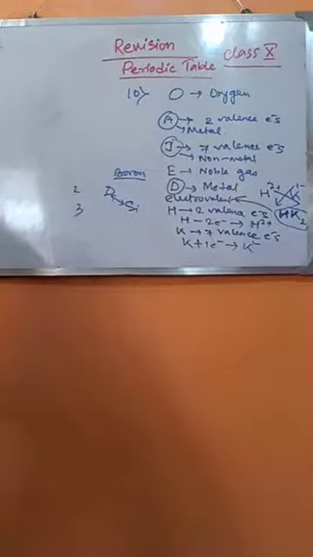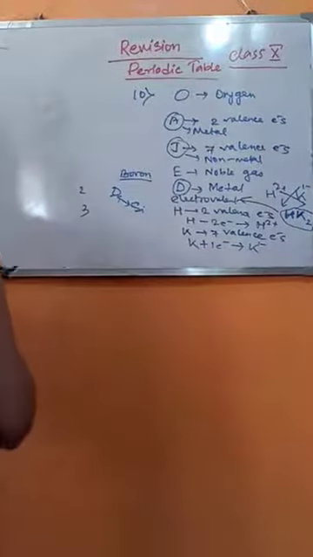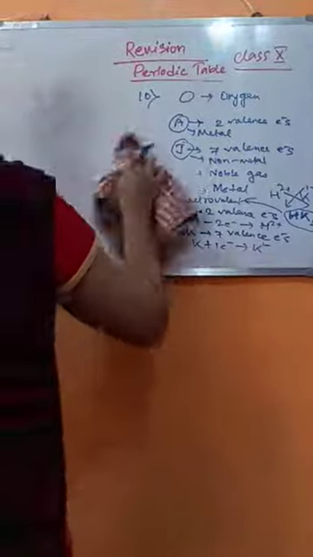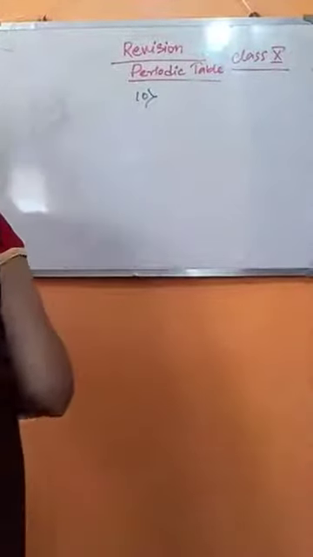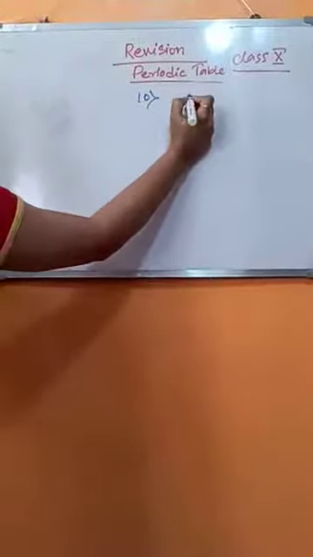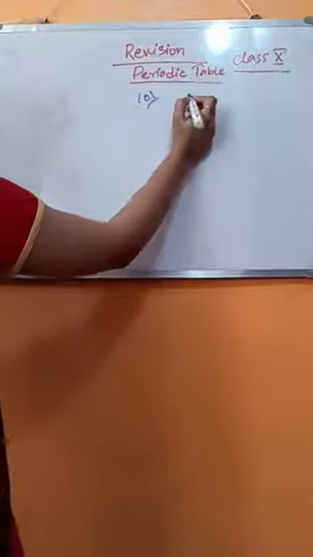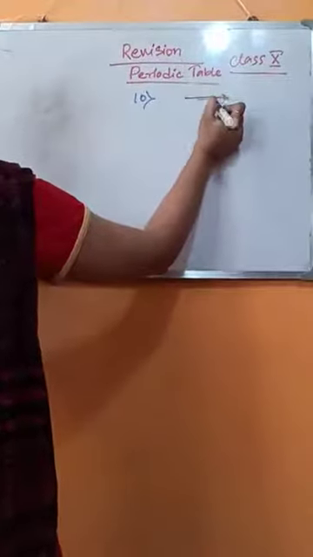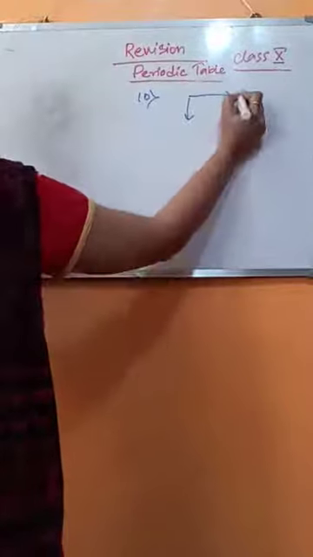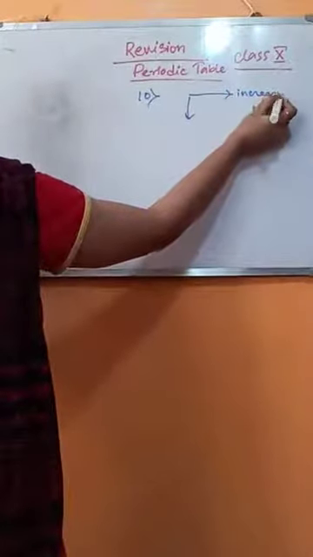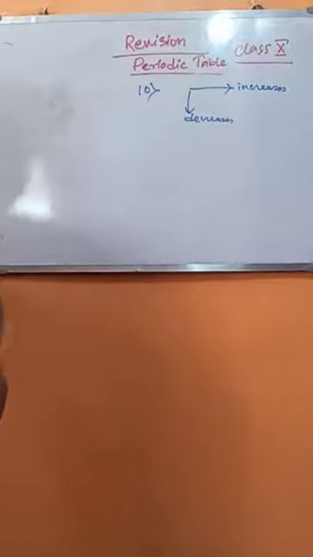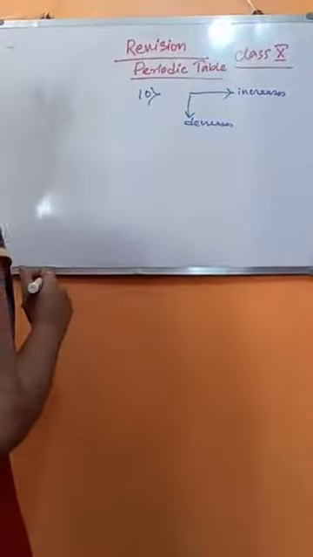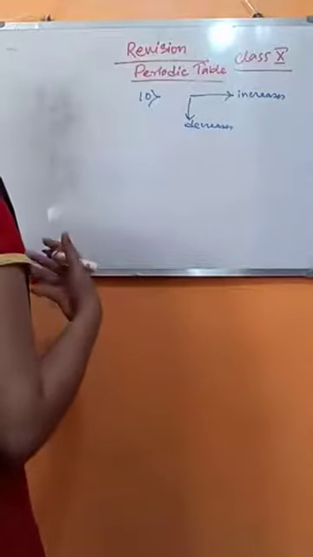Your next question is, which is the most electronegative element? Here electronegativity increases across a period and decreases down a group. We all know that noble gases do not have high electronegativity.